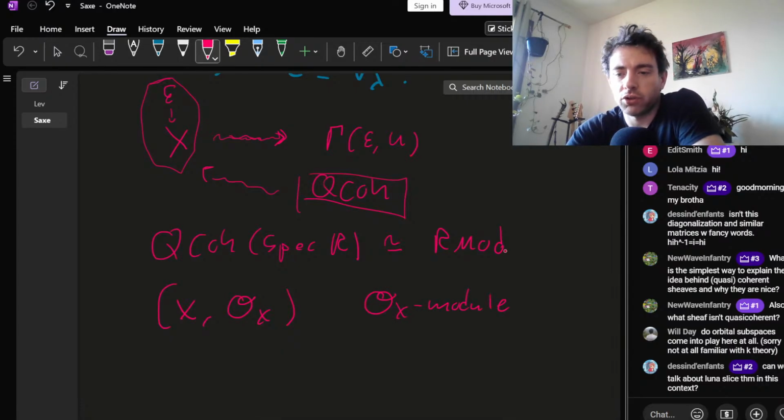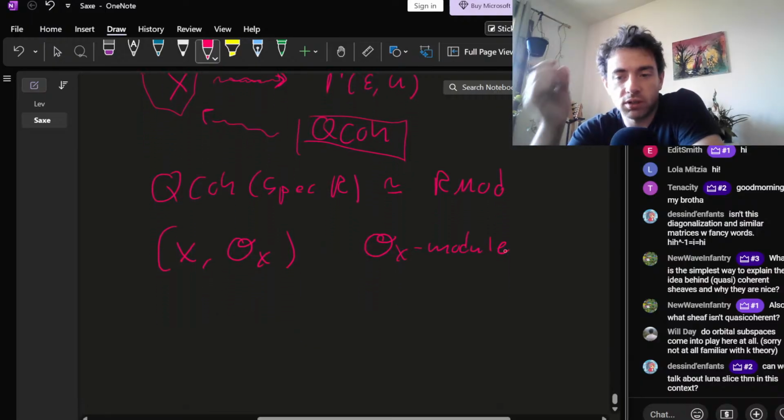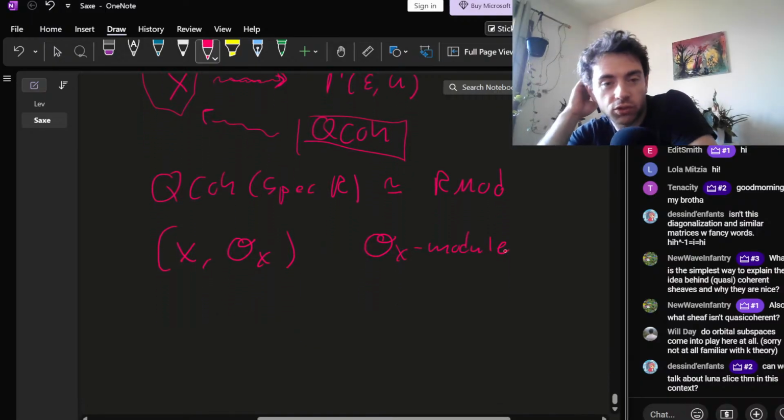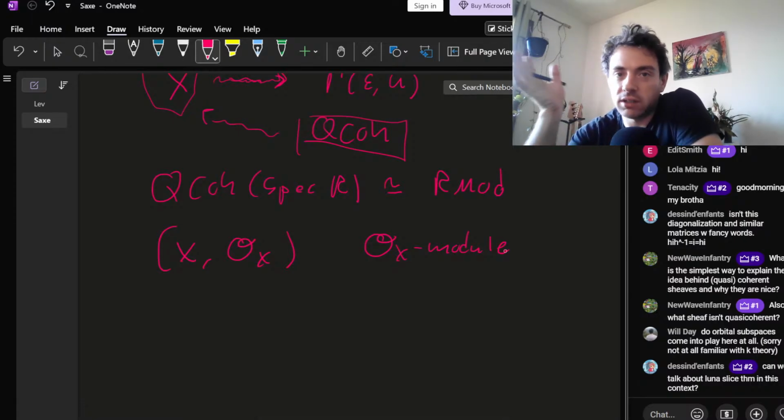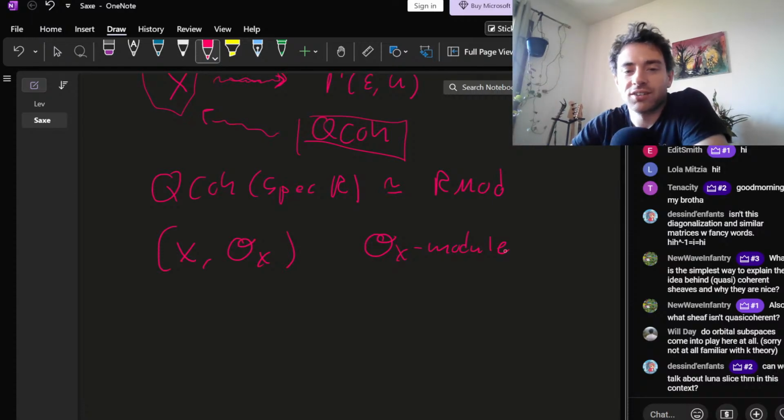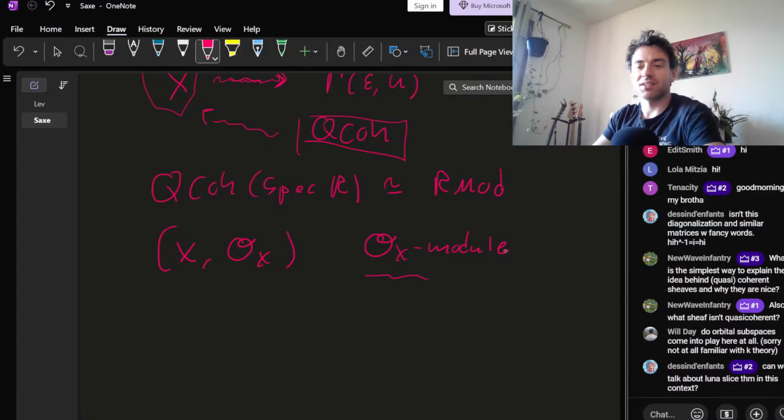So there's a very stupid answer to your question of what sheaf isn't quasi-coherent: literally write down any sheaf and neglect to define the structure of an OX module on it. And trivially you're done. That's a very stupid answer, but it's a valid one.